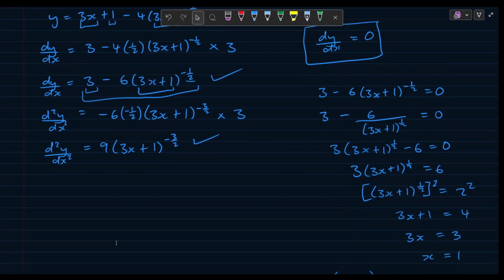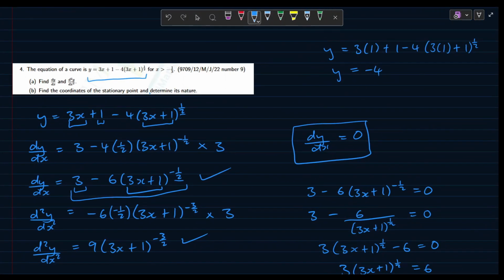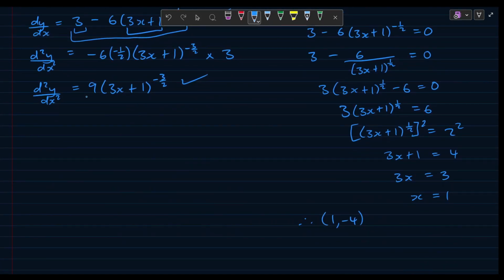But we were also instructed to determine the nature of this stationary point. So to do that, we're going to use our second derivative over here. So substitute x with 1. So 9 times (3 times 1 plus 1) to the negative 3 over 2. Punch this into the calculator. This gives us a positive 9 over 8.